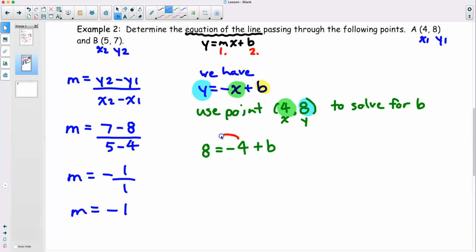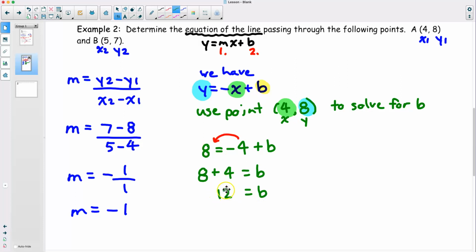And now we simply bring this over to this side to isolate for b on its own, so that we get 8 plus 12 is equal to, oh sorry, not 8 plus 12, my mistake. We're going to get 8 plus 4 is equal to b. We get 12 is equal to b.